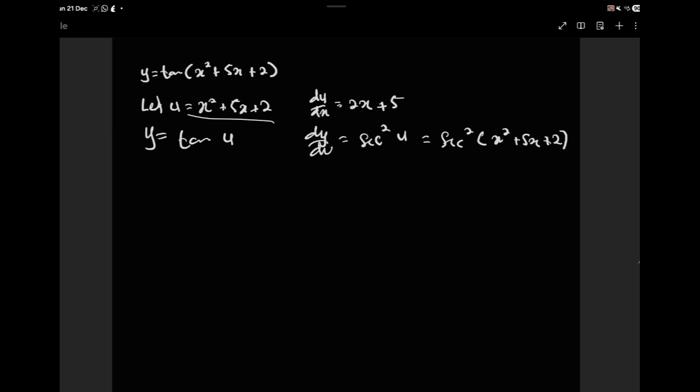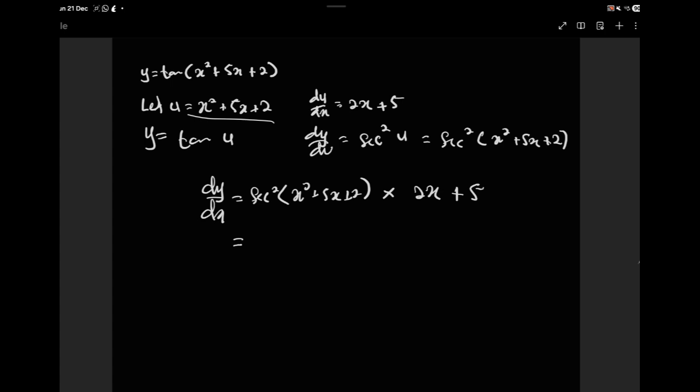Okay, so by this we can look for dy over dx, which is equal to dy over du, which is again secant squared of x squared plus 5x plus 2, times du over dx, which is 2x plus 5.